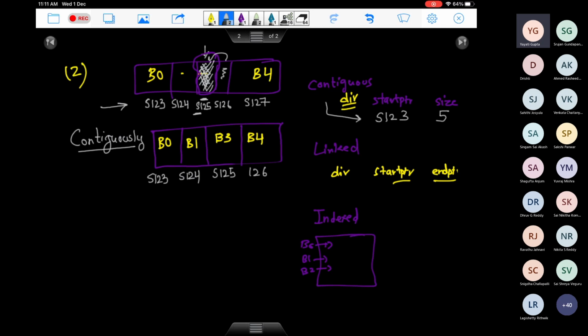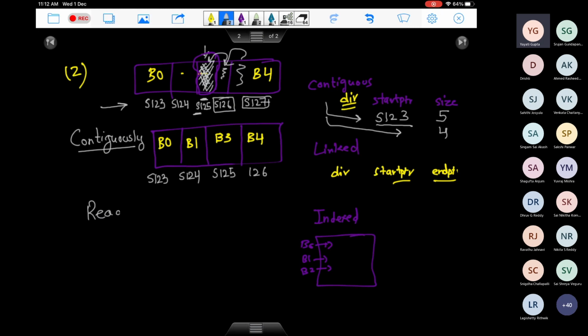What change do you need to make in the directory? Your file still starts from sector number 123, but the size will become 4 because you have deleted one block, right? So what we need to do is copy the content of S126 and write it in S125. Similarly, you need to read the content which is in S127 and write it in S126.